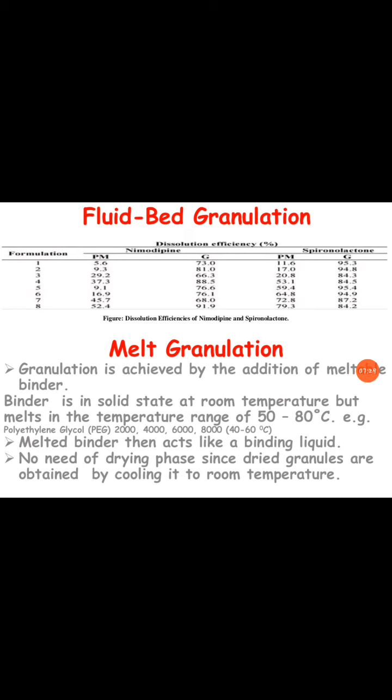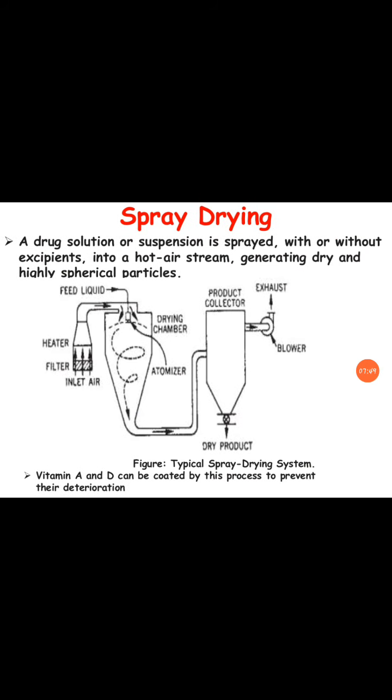Commonly used is PEG, and the melted binder acts as the binding liquid, and after the initial step it can be made into solid by cooling or keeping at room temperature itself.